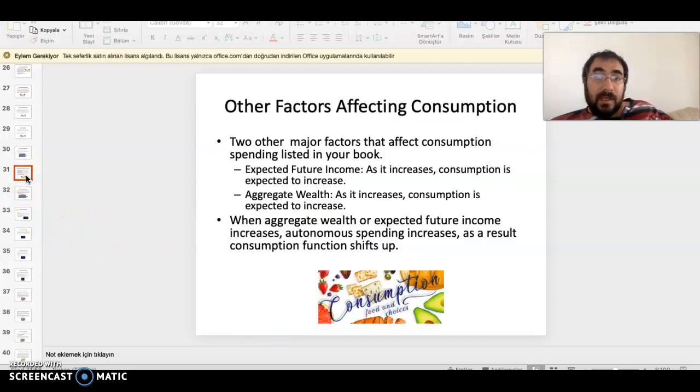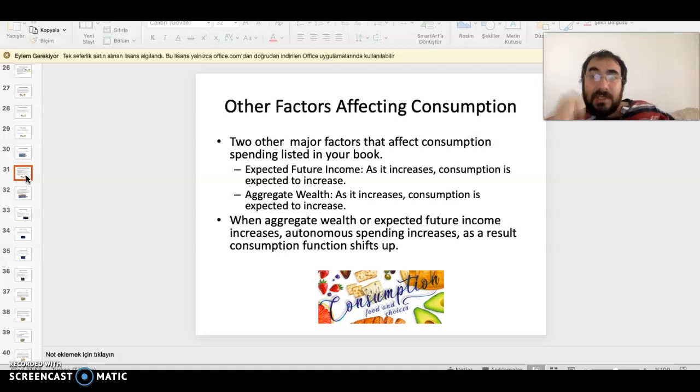Let's go down. Well, other factors that are affecting consumption are expected future income level. If you expect a future income, in that case, your consumption will increase, which might be a shift in A, basically. Usually it is taught that way. We don't have factors that are actually shifting MPC.